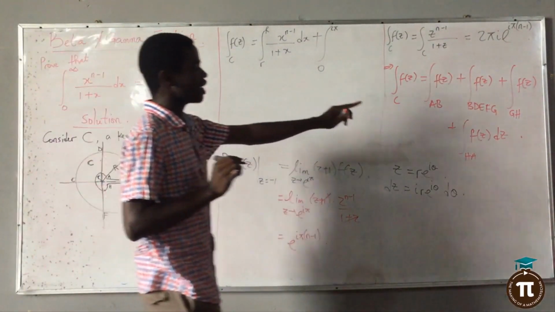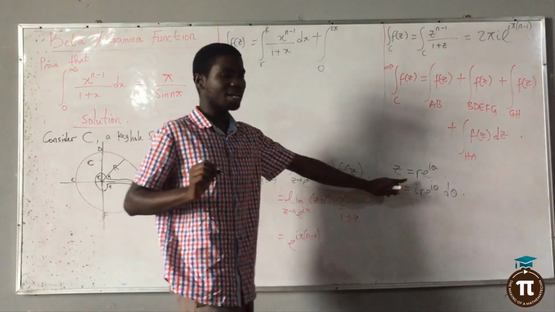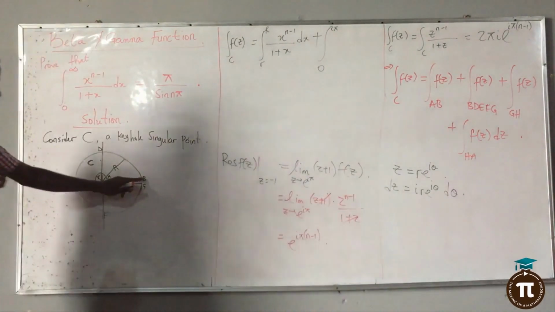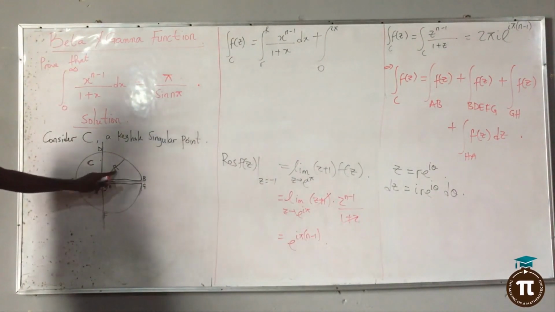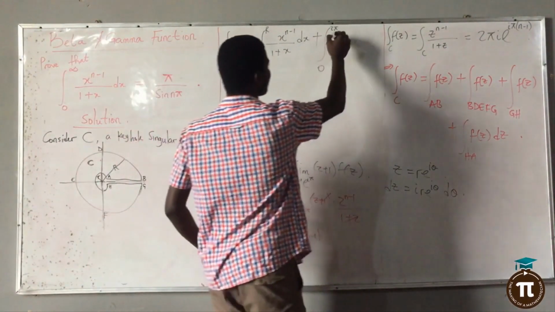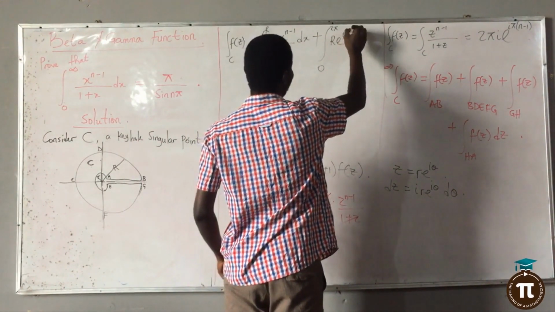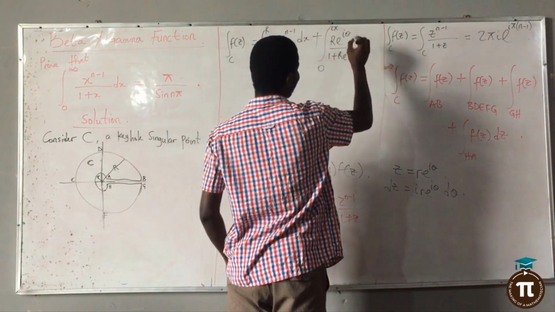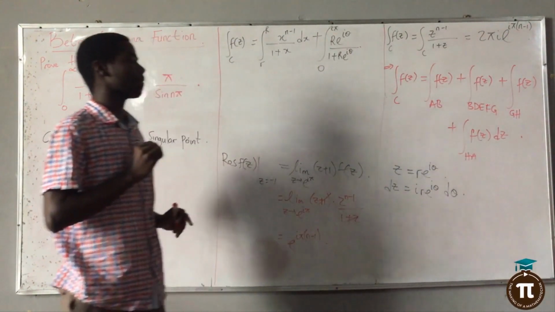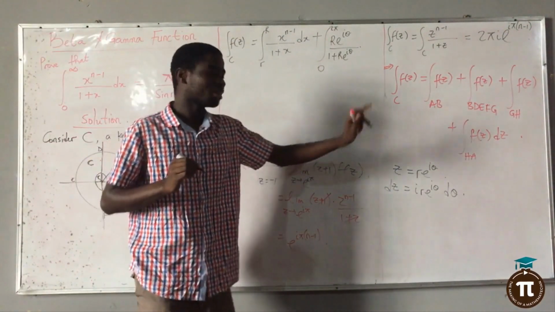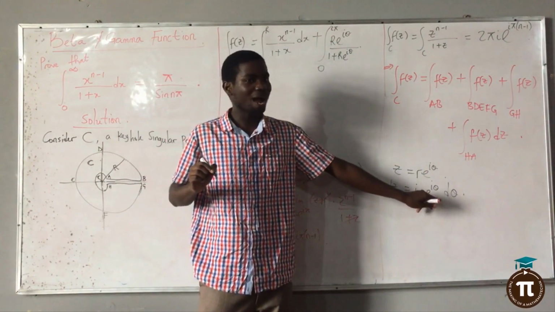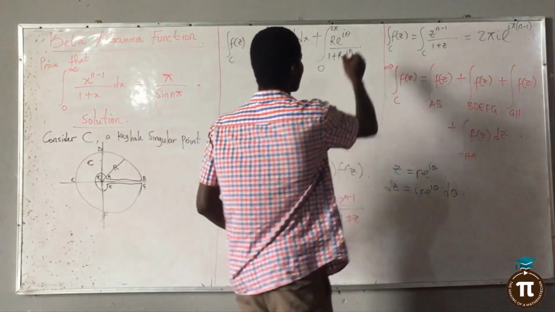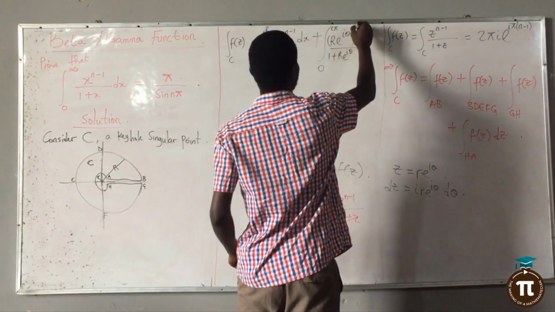Then what's f of z? F of z, I'm writing in exponential form. Don't forget the radius of this big circle is capital R. So I have R e raised to the power of i theta, raised to the power of n minus 1, over 1 plus R e raised to the power of i theta, multiplied by dz. dz is i R e raised to the power i theta d theta.